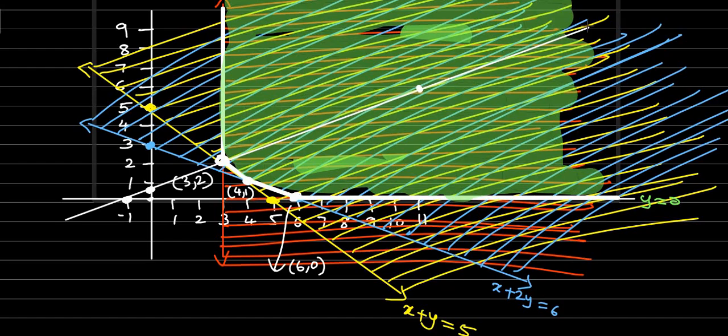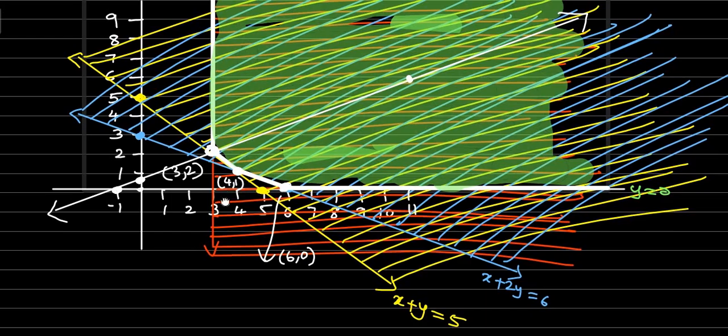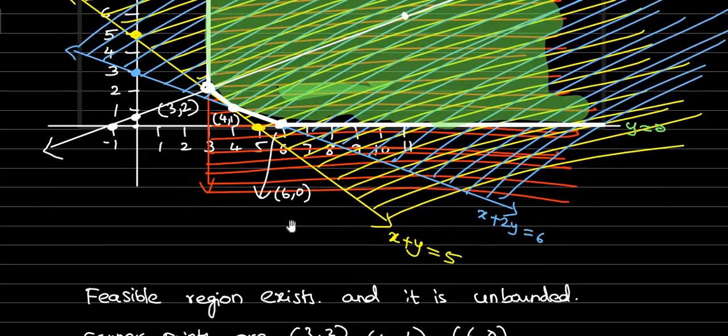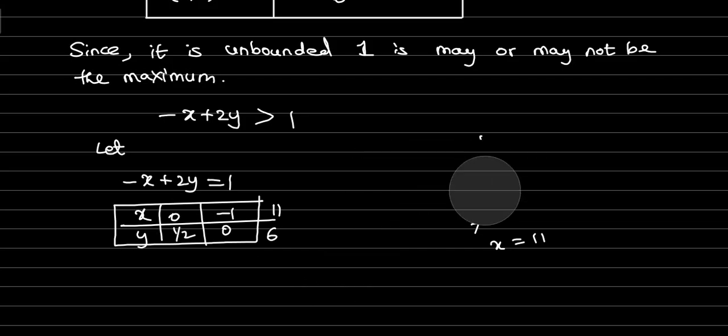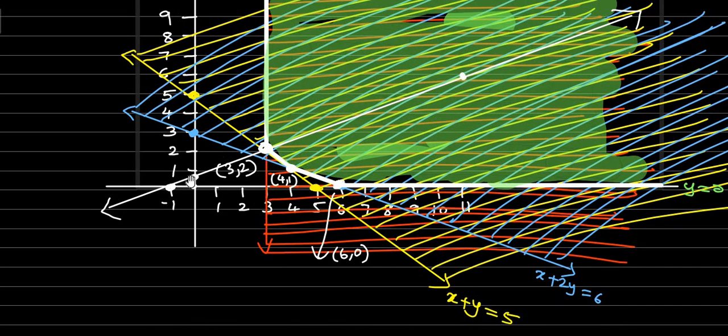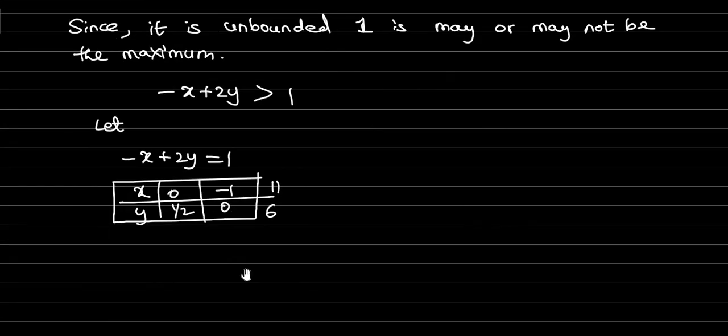After drawing this line, the graph is divided into two portions, one above and one below. We need to identify where we have a solution for this. Randomly, let's take some value, any value in the lower part or upper part is fine. Let me take 0 comma 2 and substitute: minus 0 plus 2 times 2.